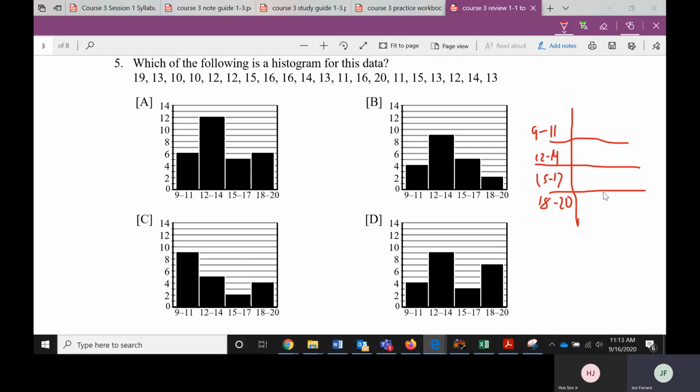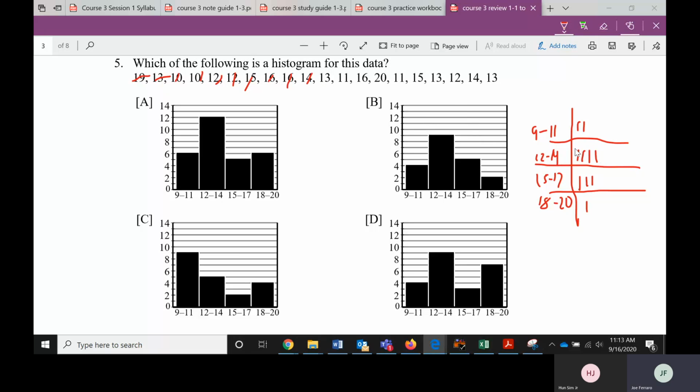Okay, and 19 would land here, and then I cross it out. 13 would go here. Then we got 2 10s, so I'll do these at the same time. We got 2 12s. We got a 15. 2 16s, those both go in here. We got a 14. We got a 13.